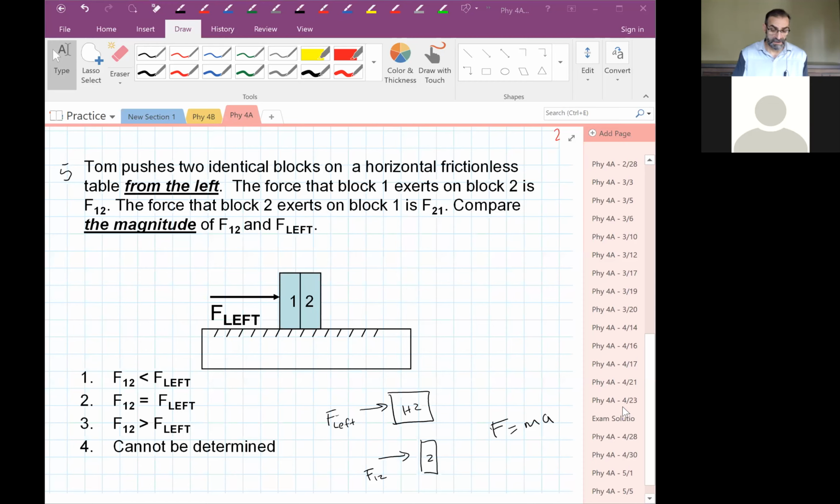Okay, good. We convinced a few people to switch over. Those 2 blocks are moving together, so the left force is causing both blocks to move. So it has to be twice as big as F12. F12 is only causing one block to accelerate to the right.